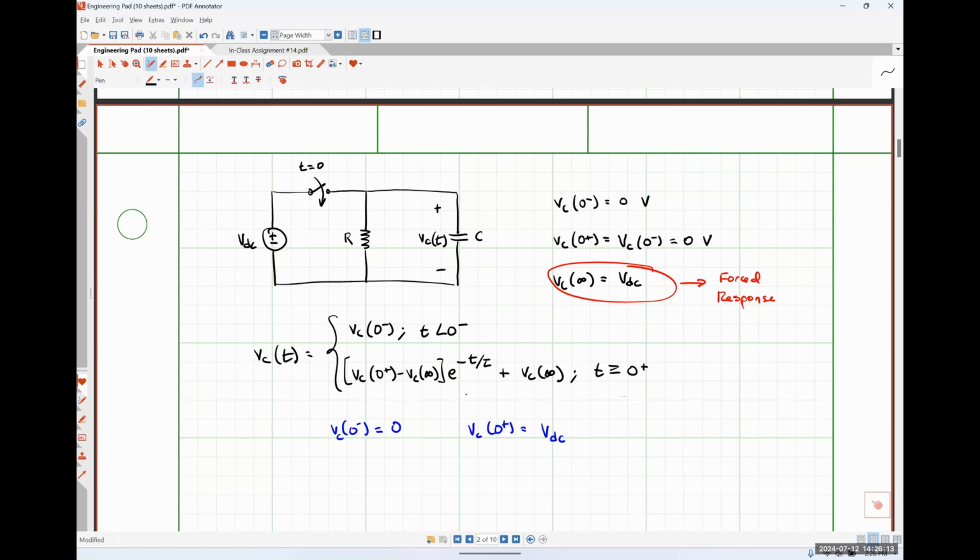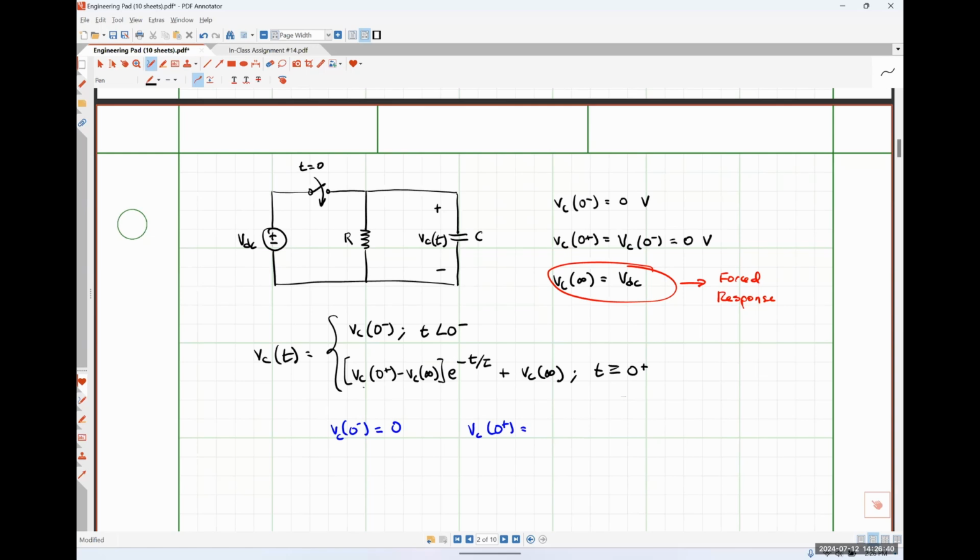This correction forces the capacitor voltage to be a continuous function in time. So now if we evaluate things at t equals 0 plus, we're going to have 0 minus VDC times e to the 0. So that's just going to look like minus VDC plus VDC is equal to 0.